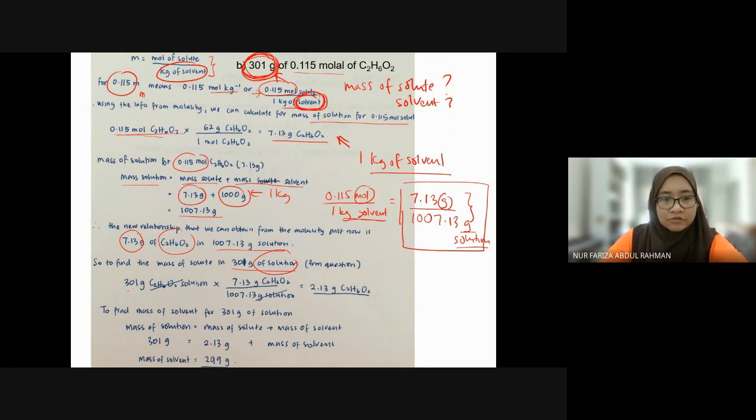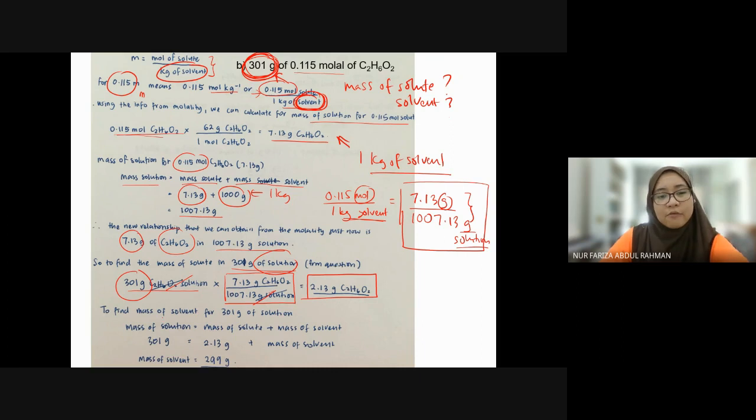So we can use the value just now, 301 gram of solution, using this modified version from the molality just now. Okay, so gram of solution cancel out. So up here we have the gram of the solute for 301 gram of the solution. So this is the mass of the solute for 301 gram of solution.